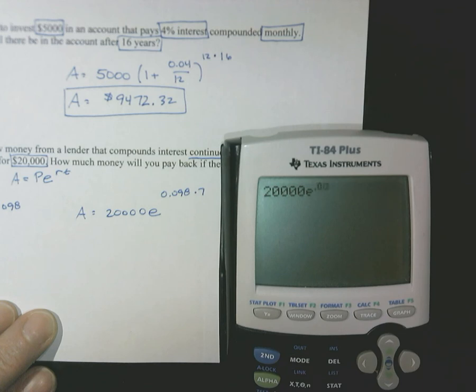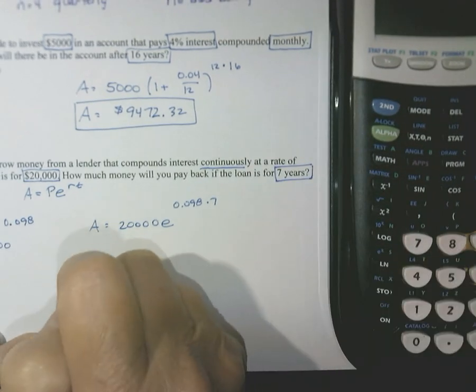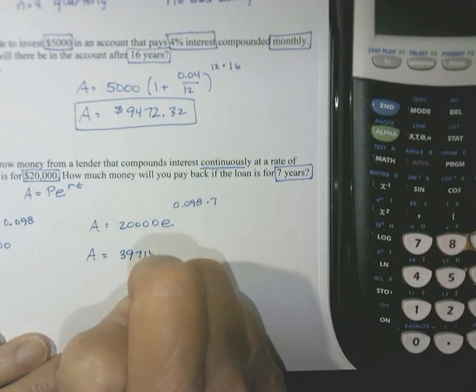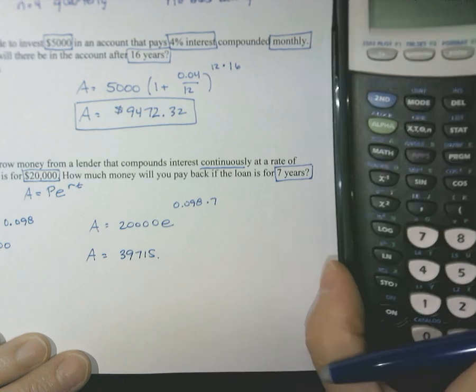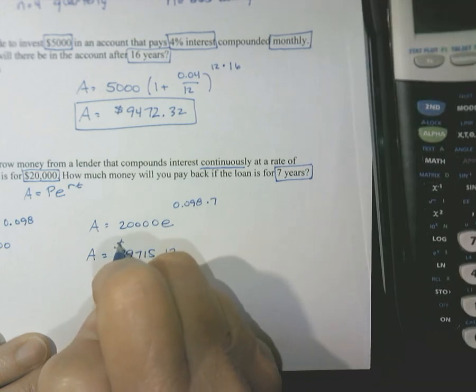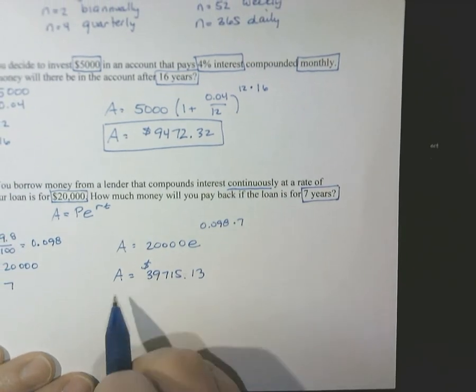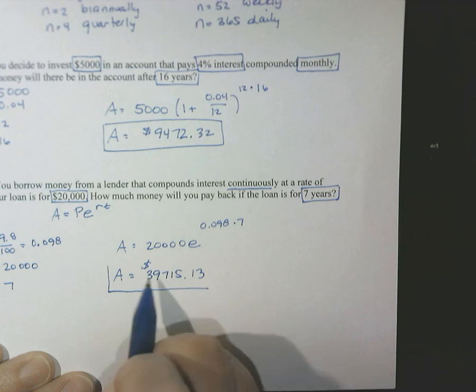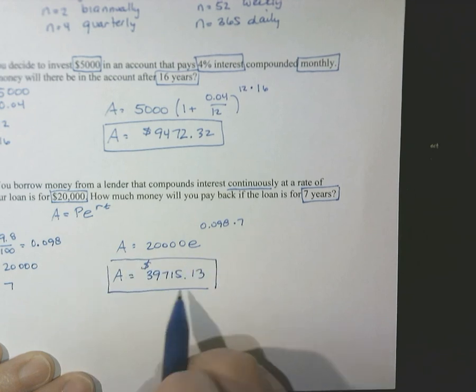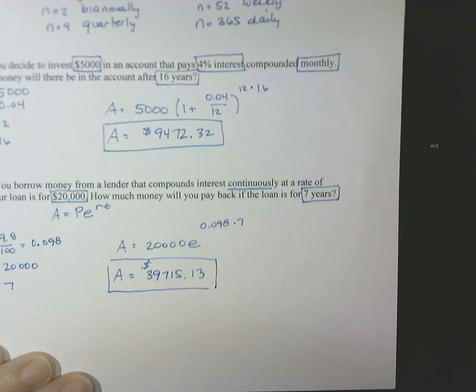Then I'm going to type in 0.098 times 7. I always double check before I hit enter, make sure that I've hit all the right buttons, and I hit enter. So it's 39,715.13. What that means is if you borrow $20,000 for 7 years at a 9.8% interest rate, you're going to pay back almost $40,000.